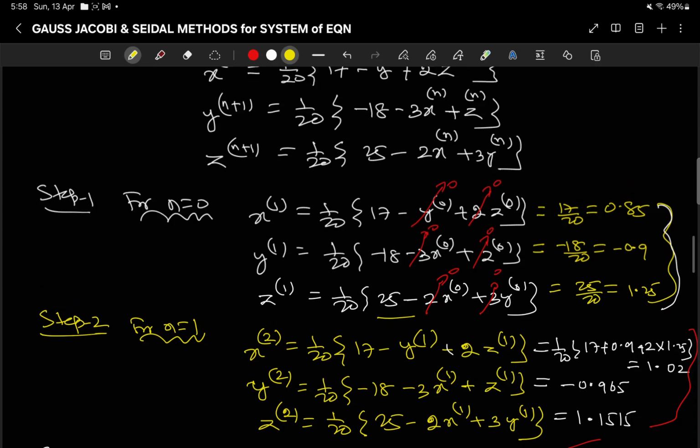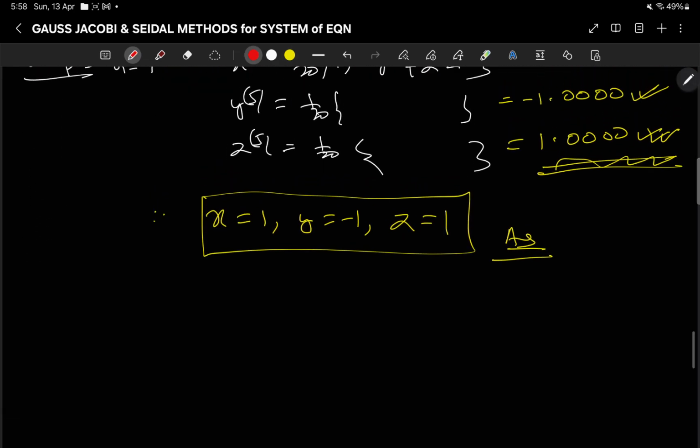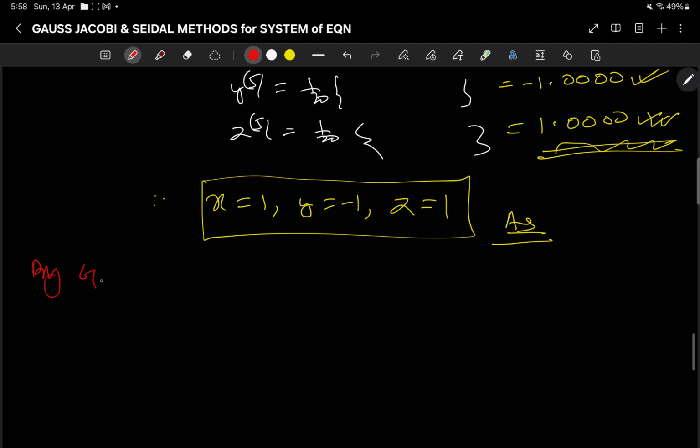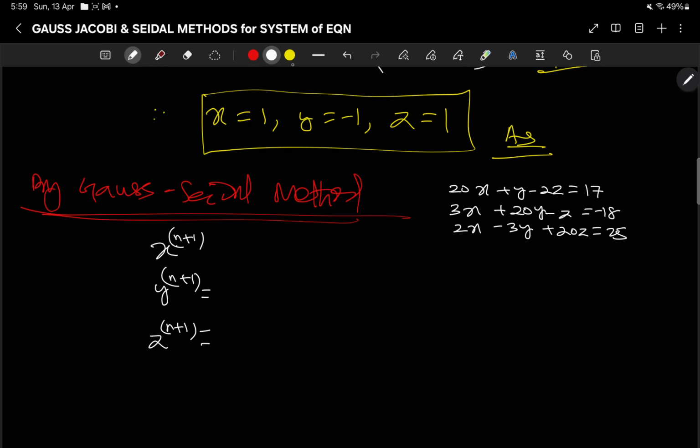Now let us solve this same by using your Gauss Seidal method, right? So we create the formula now. So 20x, solving for x, here x is equal to 1 by 20 times 17 minus y plus twice z, and this will be computed from the previous step.